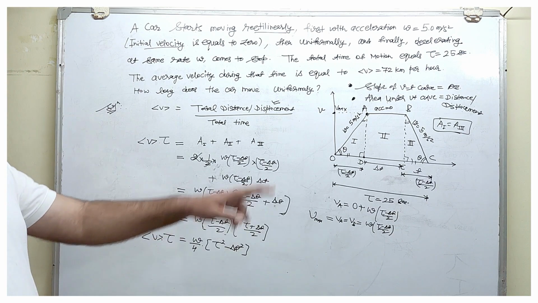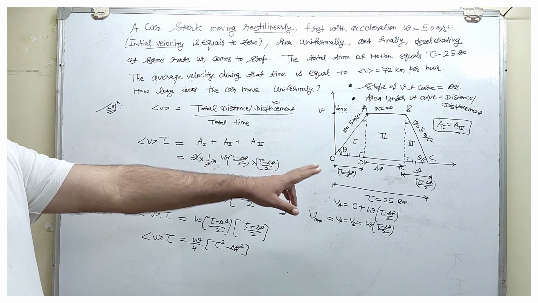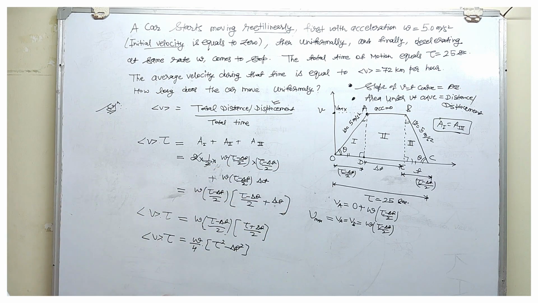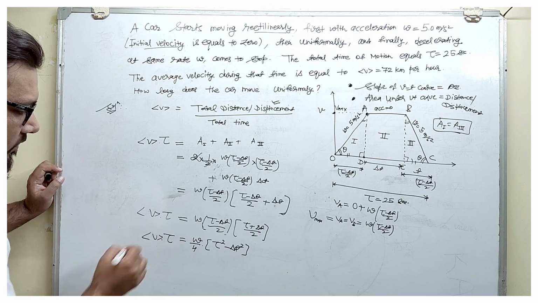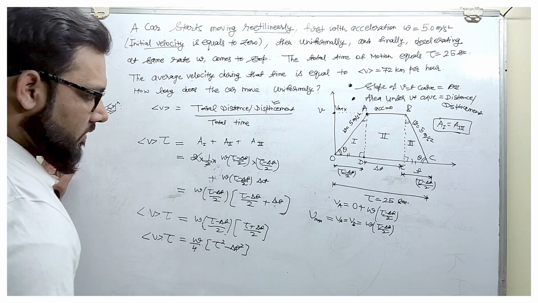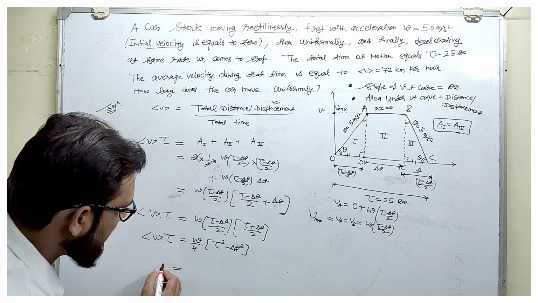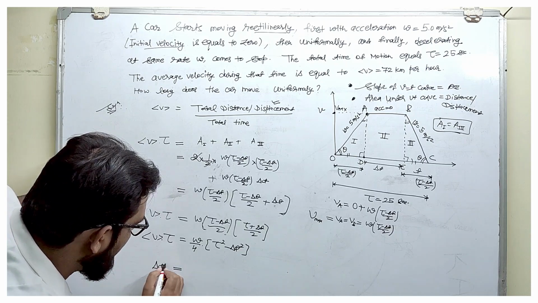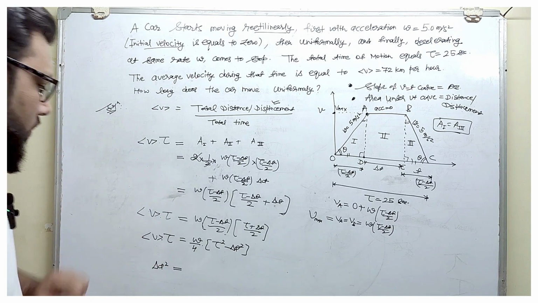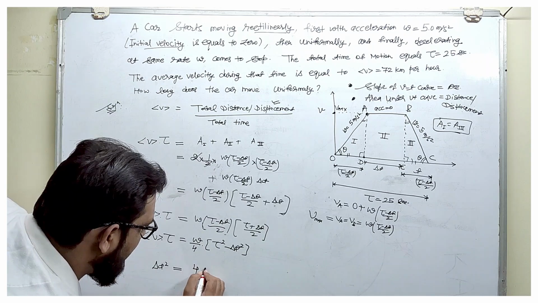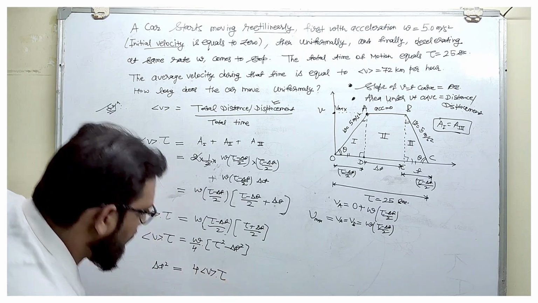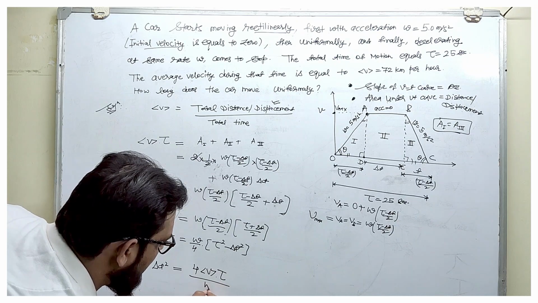Now what we have to do, we have to find out the value of delta t. Now this 4 will come here. See, guys, look at this. This delta t square will be equal to 4 into average velocity into tau upon omega.